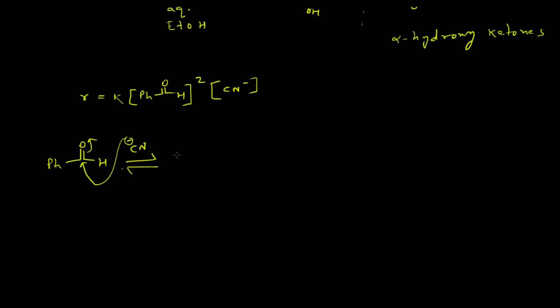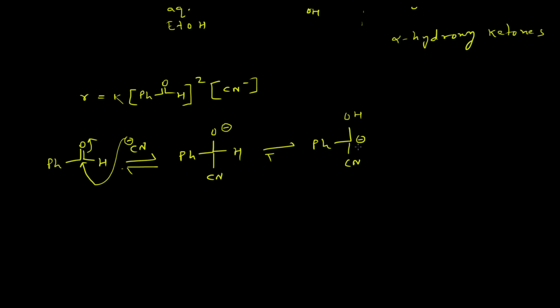The step is obviously reversible, and the product formed is a tetrahedral intermediate, and it remains in equilibrium with this form, where the negative charge is shifted over this carbon atom.